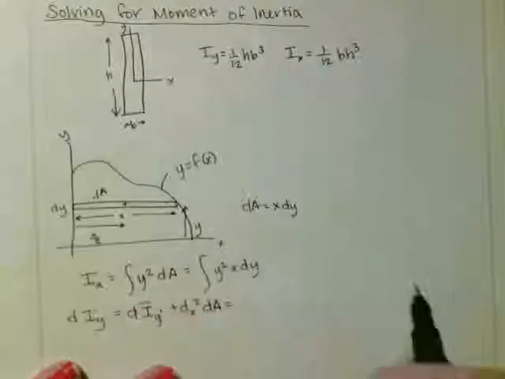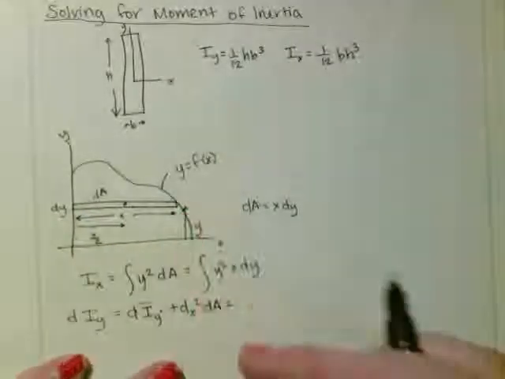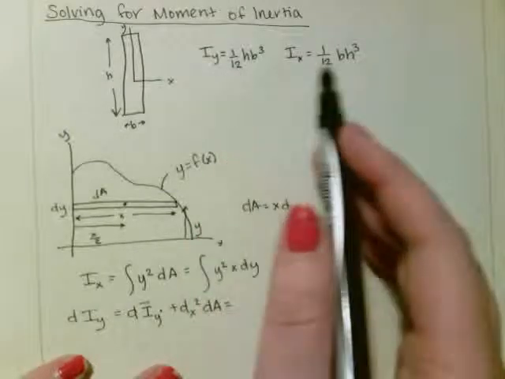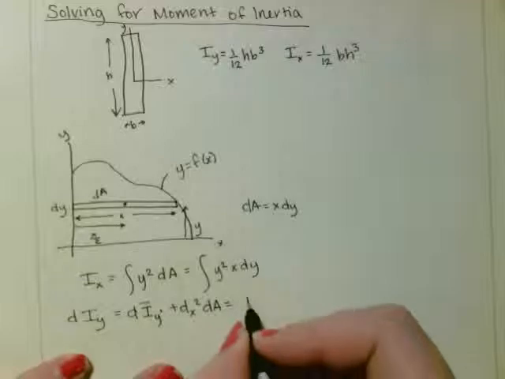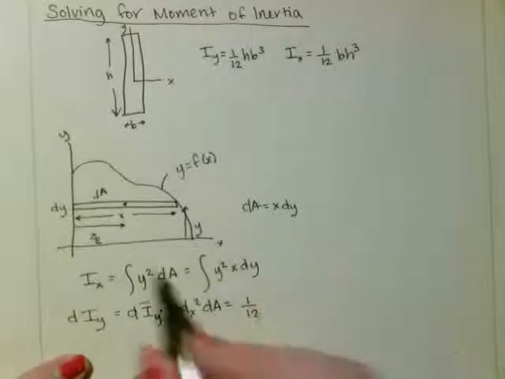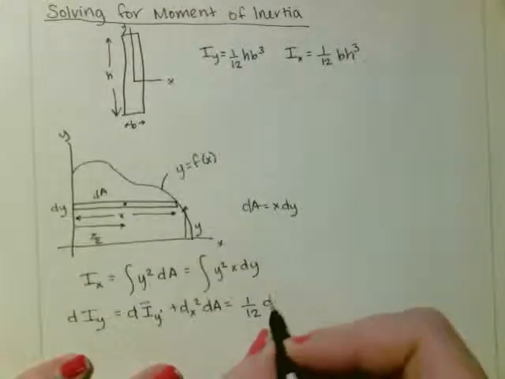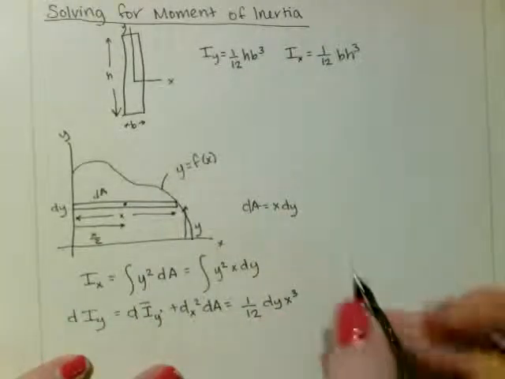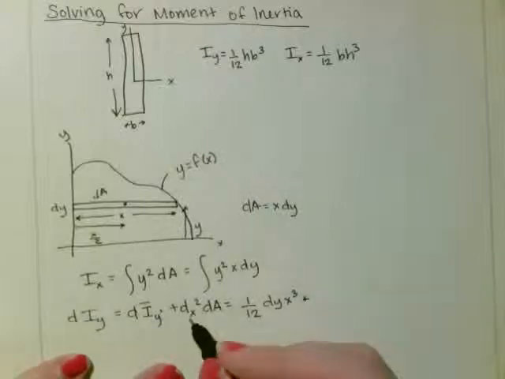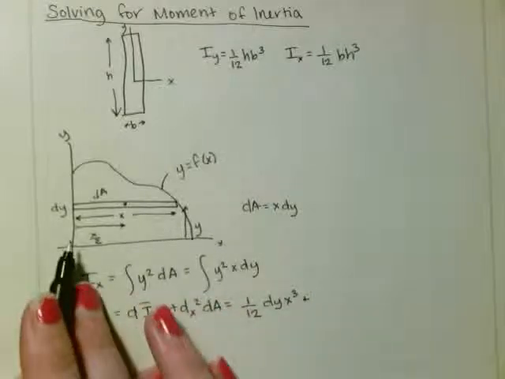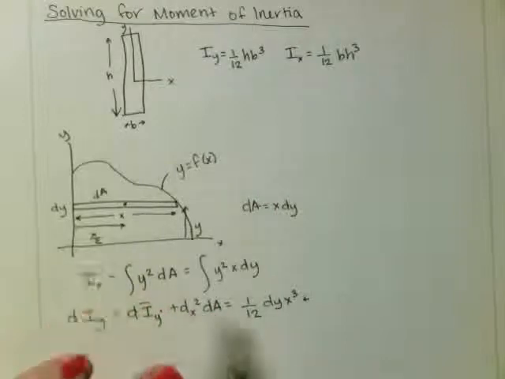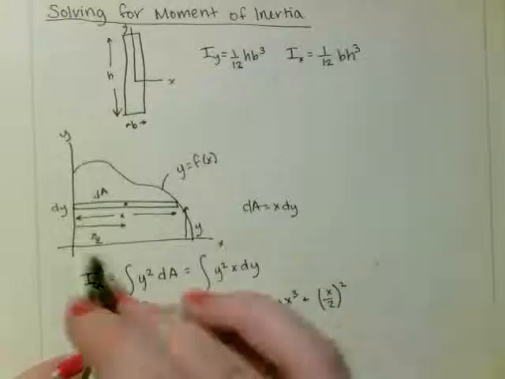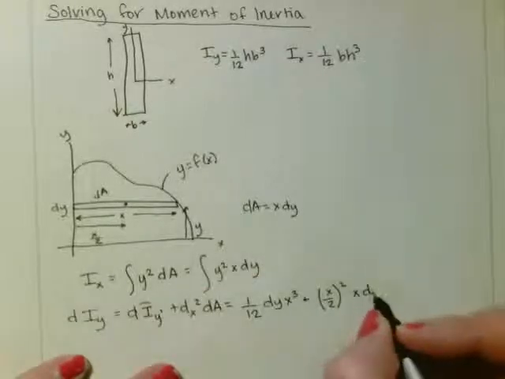So, this rectangular differential element can be determined from what we learned up here. So I'm looking for Iy, so I can say that's 1/12 times the height, which is dy, times the base, which is x. And then my dx is going to be this distance to the centroid, so that's x over 2. And that's all squared, times dA, which is x dy.